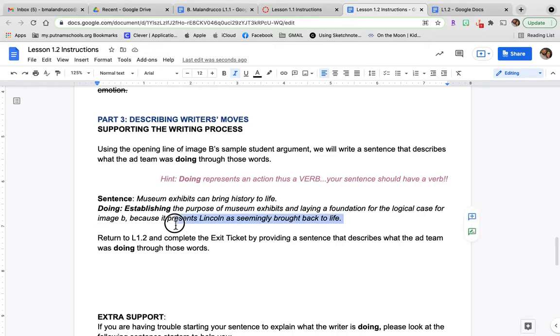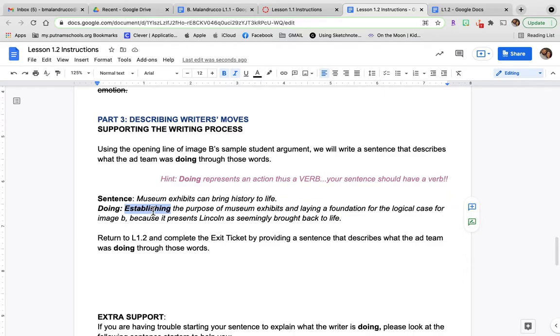Now that's wordy. If you can't get it that wordy, I understand, no worries. But notice how bring history to life, seemingly brought back to life. I make sure I got museum exhibits in there. And this is my verb.